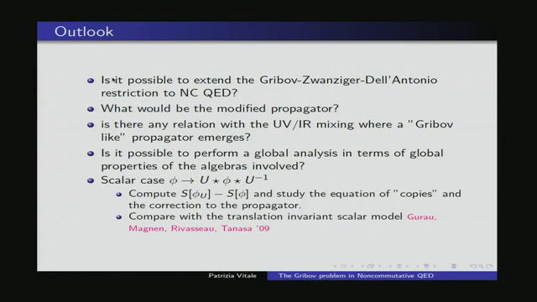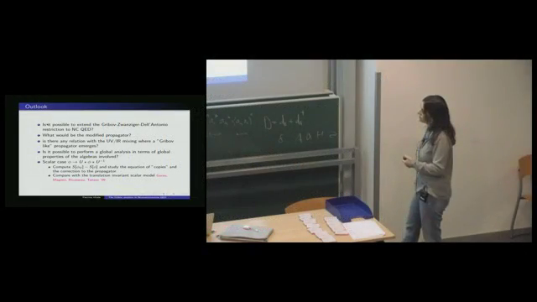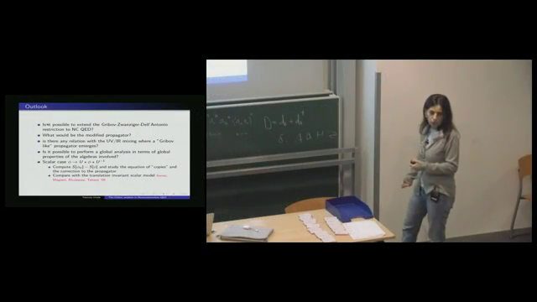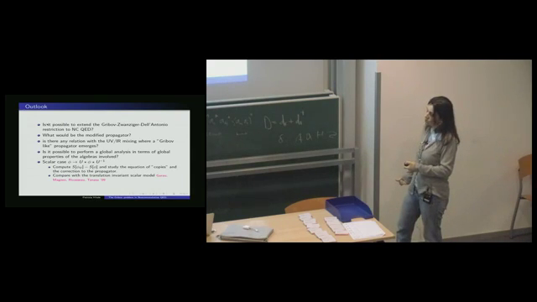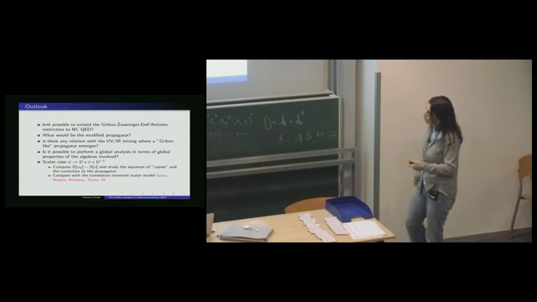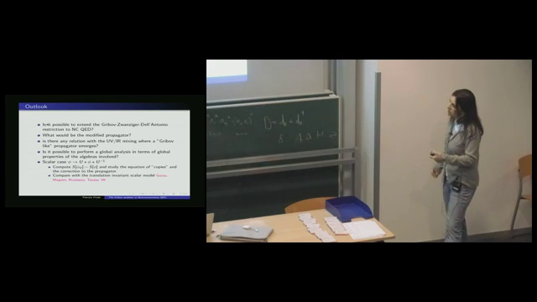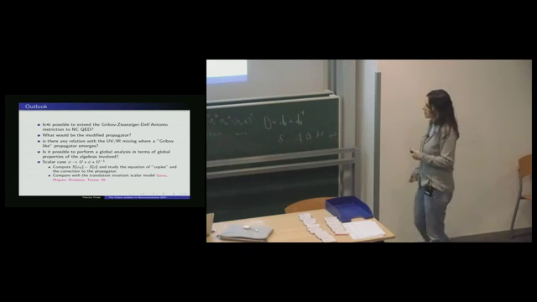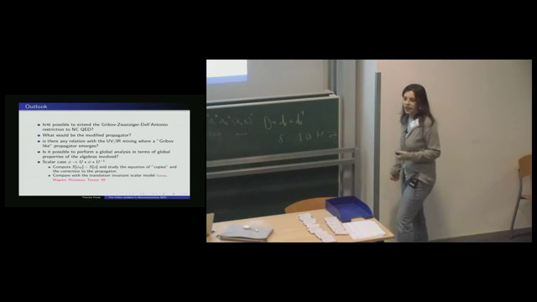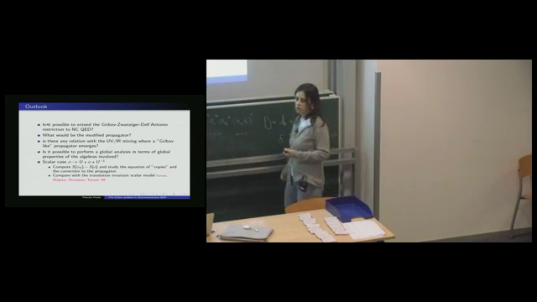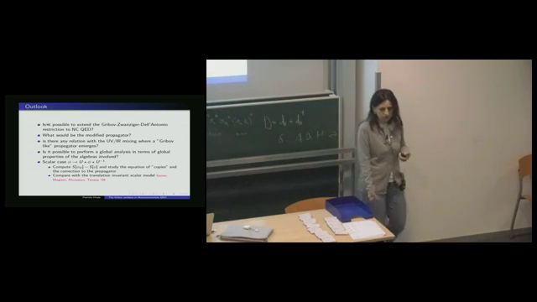For this transformation here, the potential doesn't change, because the potential is a polynomial in the fields. It is only the kinetic part of the action which will change. So our idea was to look at the equation that we would get for this U here, interpret it as an equation for the copies, and see whether or not this gives a correction to the propagator.